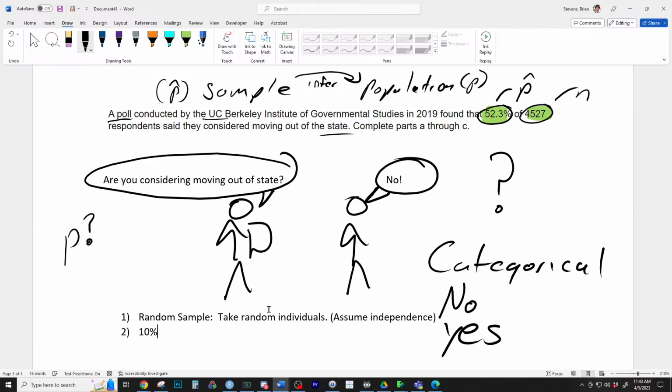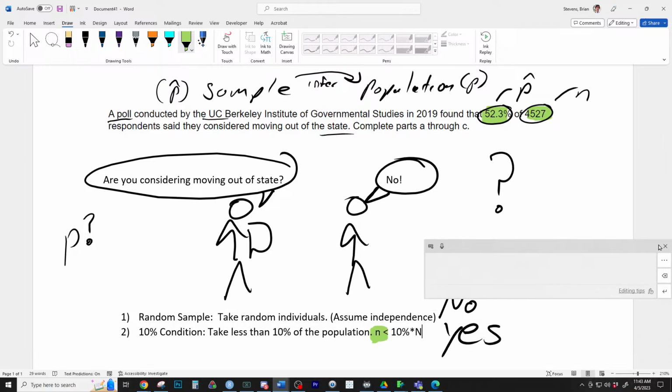The 10% condition right here says that we take less than 10% of the population. What this means is that n, lowercase n, is less than 10% of capital N. So we know what lowercase n is. Lowercase n is up there in our notation, 4,527. So the question is, did we take less than 10% of the population of California?